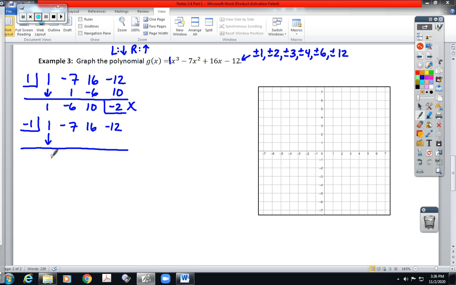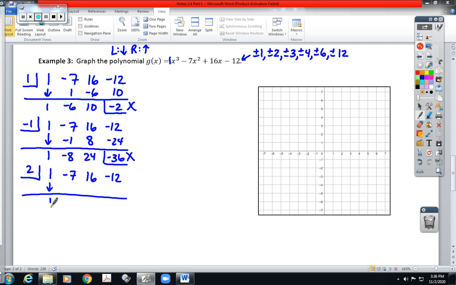We should work from smallest to largest. Boy, that really didn't work. Okay, so that's definitely not it. So we move on, we try 2. And we just keep running till we find one. There we go, there's one that works.